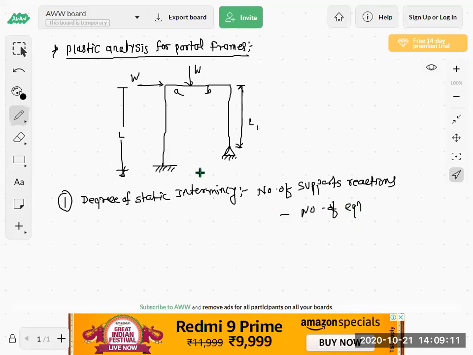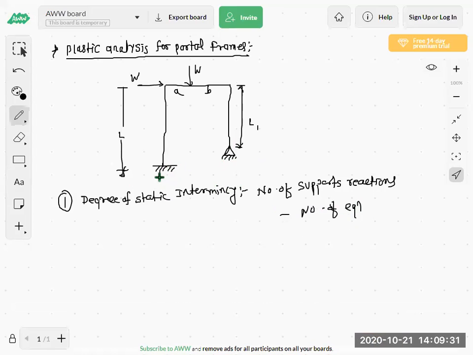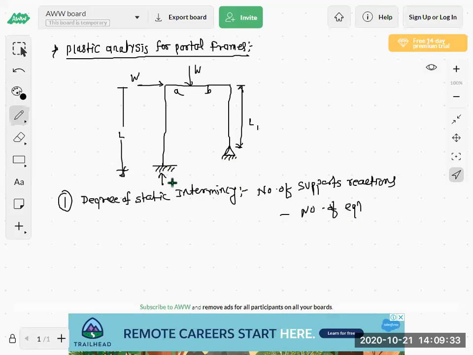Now here two supports are there, one is the fixed support and another is the hinge support. How many reactions do we have to calculate for these two supports? For the fixed support, the first reaction is the vertical reaction due to the vertical load.